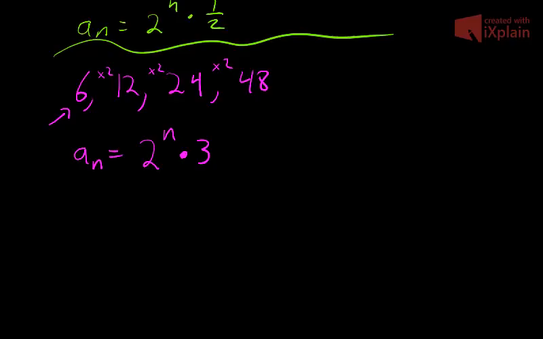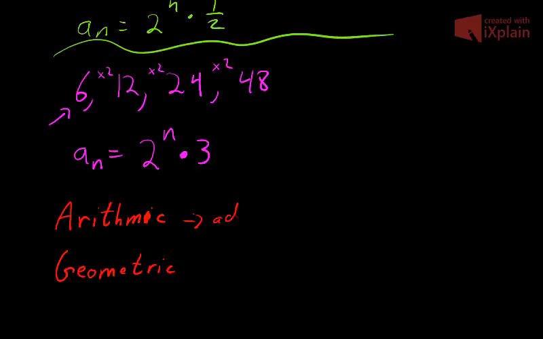As a quick review from what we talked about today, hopefully we'll be able to figure out arithmetic and geometric formulas. Arithmetic, add every time, and geometric, multiply. Arithmetic formulas also look like a sub n equals something times n plus something else.